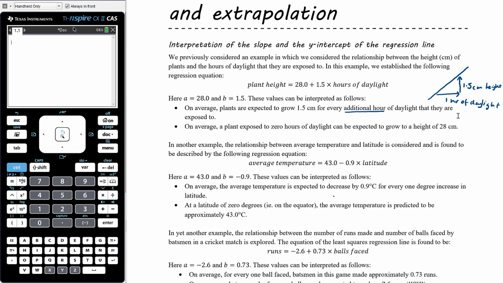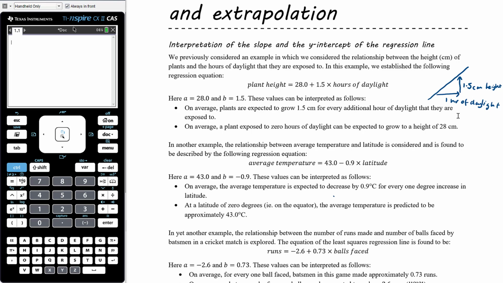Okay, but it's really important there's a sense of, so grow 1.5 centimetres means increase by 1.5, additional hour means increase by 1. So for every increase by 1 in that variable, we're getting an increase by 1.5 in that variable. Okay, those things are really, really important.